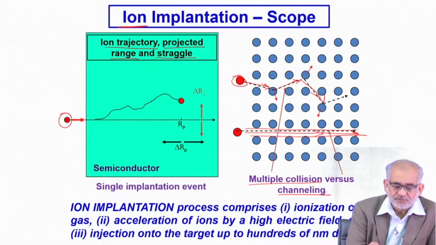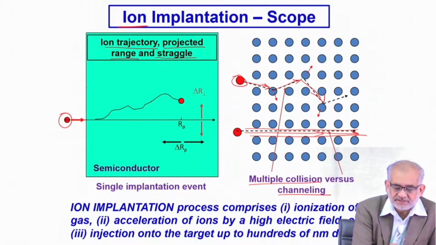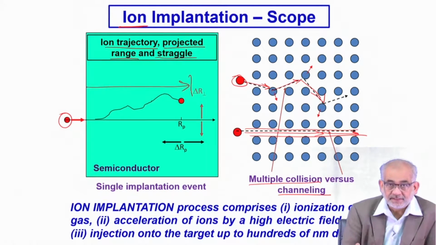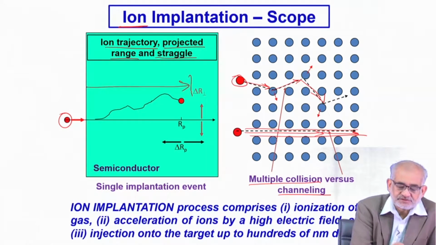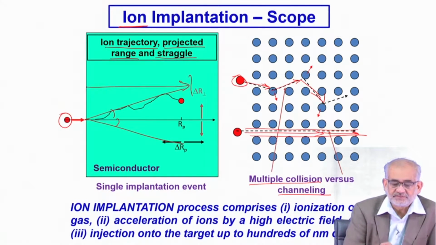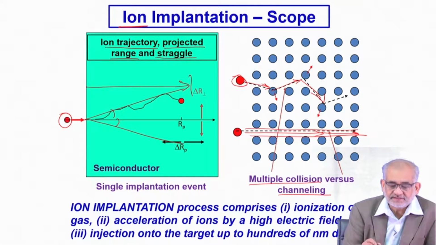As the ion moves during its trajectory, as I said, there would be a typical depth unto which it will enter before it comes to rest after multiple collision events. And there could be a spread. So even if the angle of incidence is directly normal, still there'll be a spread, up to this angle, of the implanted species into different directions.